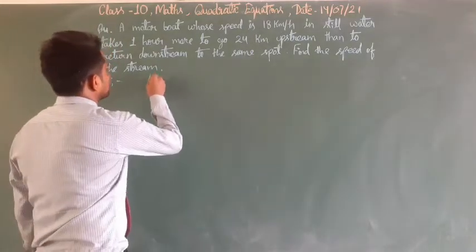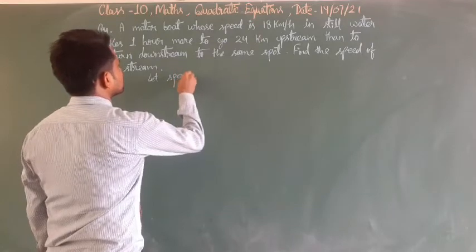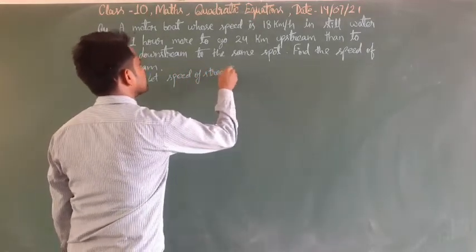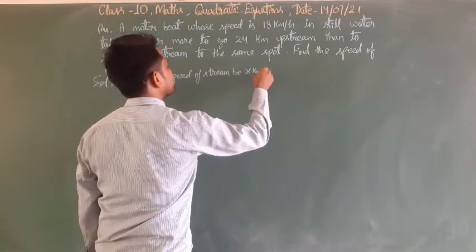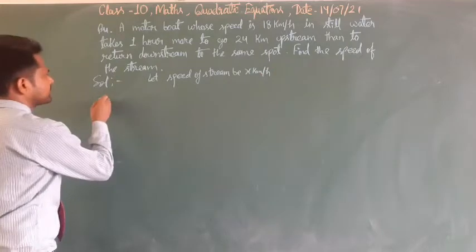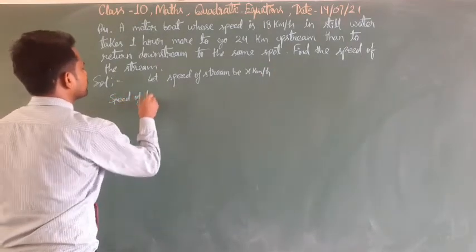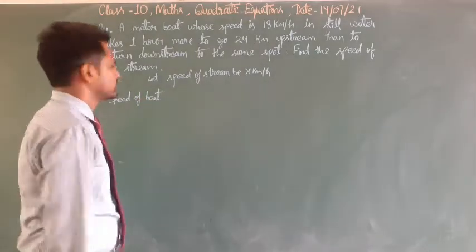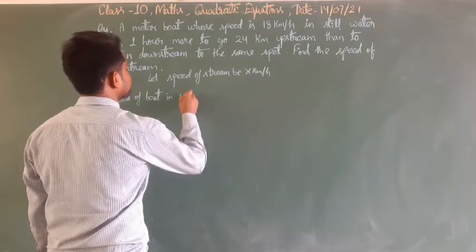First, let speed of stream be x kilometer per hour. Then speed of boat in still water.